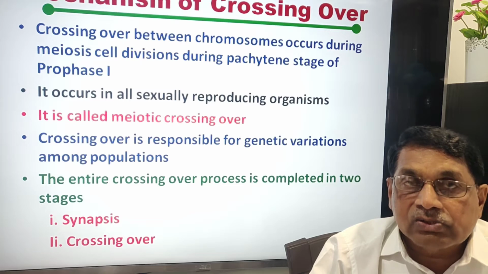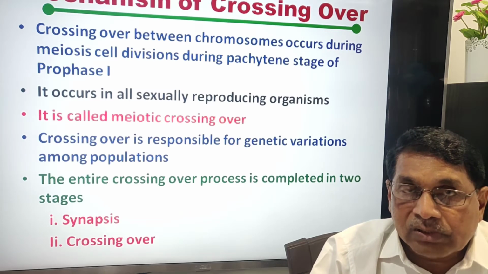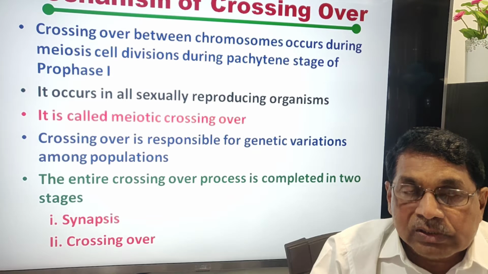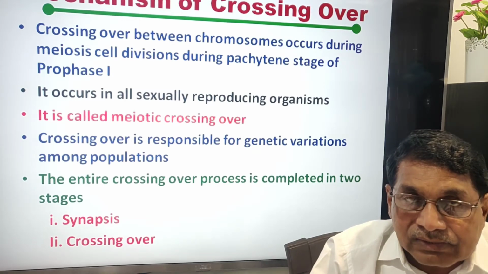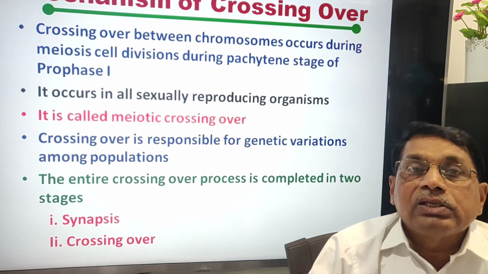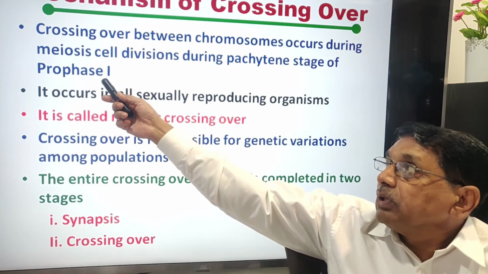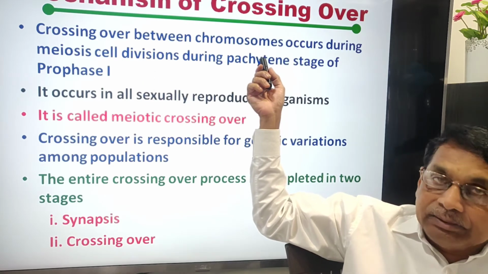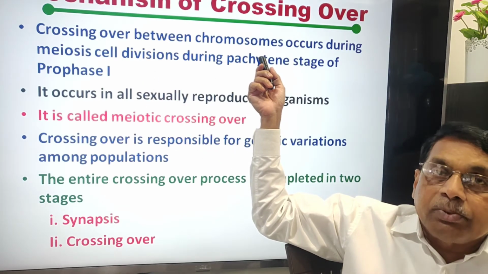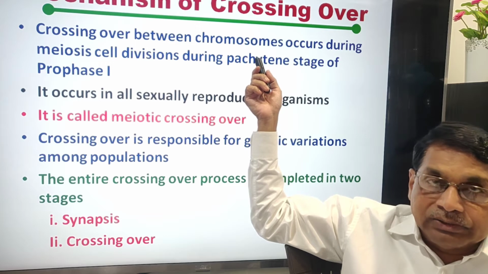In meiosis 1, meiosis 2. In meiosis 1, prophase. Again in prophase, leptotene, zygotene, pachytene, diplotene, diakinesis. Where actually the crossing over takes place? Prophase 1, meiosis 1, pachytene. It is also important, very frequently asked.